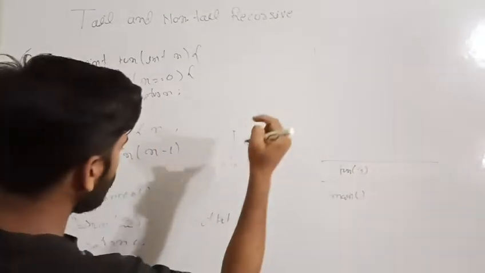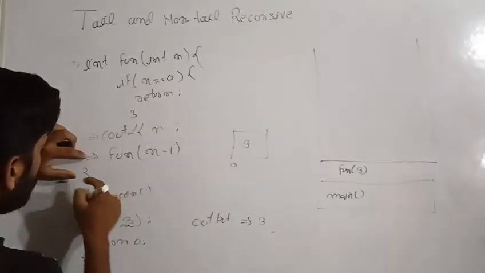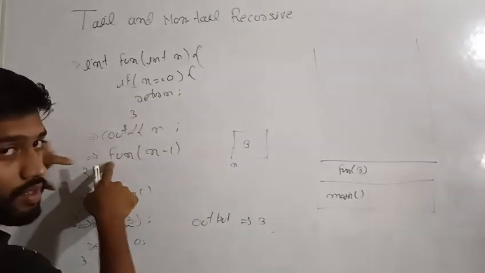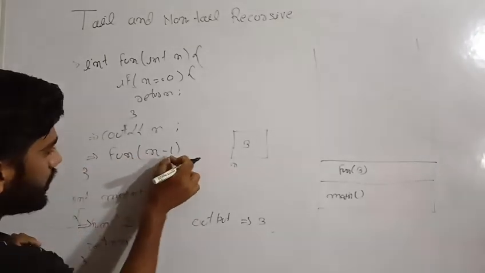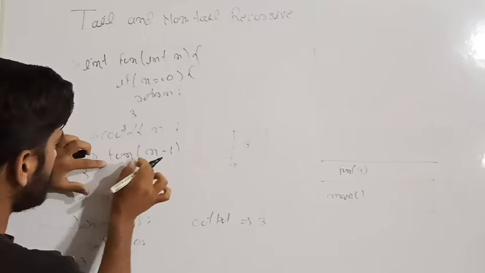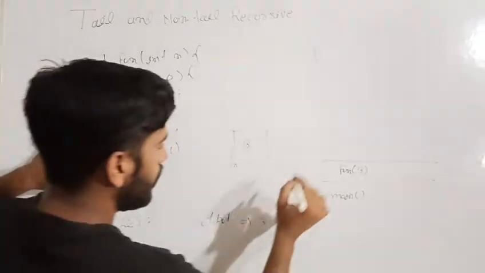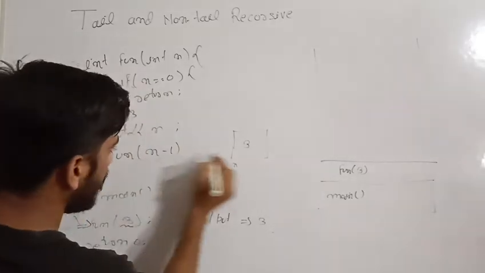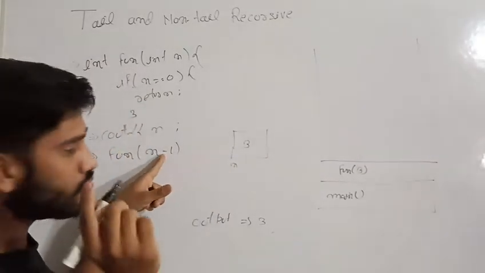When it has printed 3, control comes here, and func of n minus 1 means this function will call itself. Here n is 3, and minus 1 means n becomes 2.